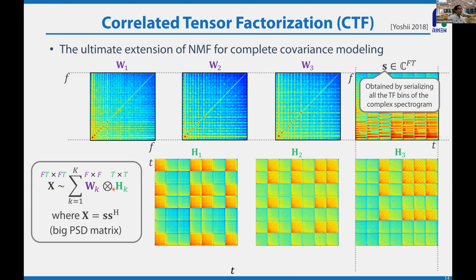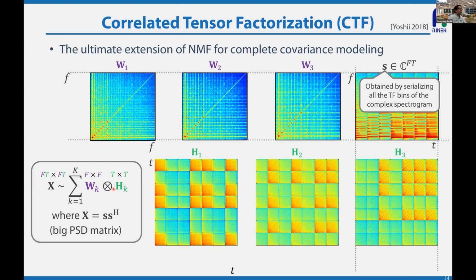Okay, let's move on to the probabilistic modeling of fast CTF. I already explained the probabilistic model behind standard CTF. This is the likelihood function used for standard CTF, right? And then let's substitute the joint diagonalization constraint into this.